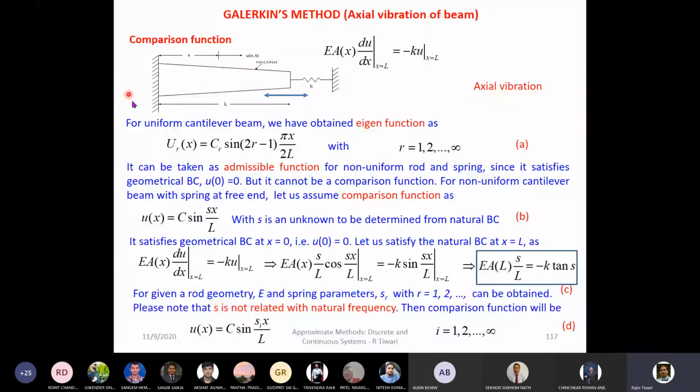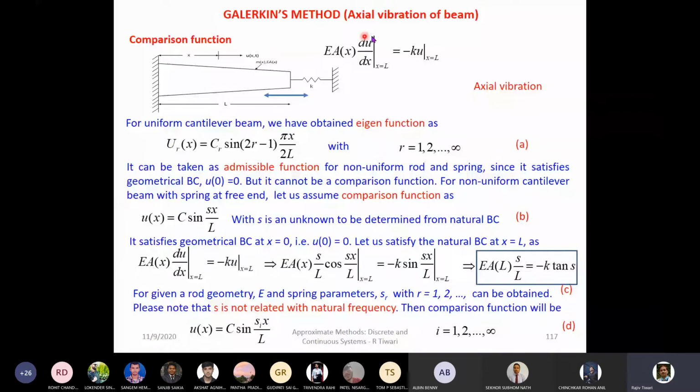If we want to choose the admissible function for this, like if we want to use the assumed mode method, then this is relatively simpler since only the geometrical boundary condition needs to be satisfied. But if you want to choose the comparison function, then we need to take care of this boundary condition also, so the comparison function should satisfy this boundary condition as well.